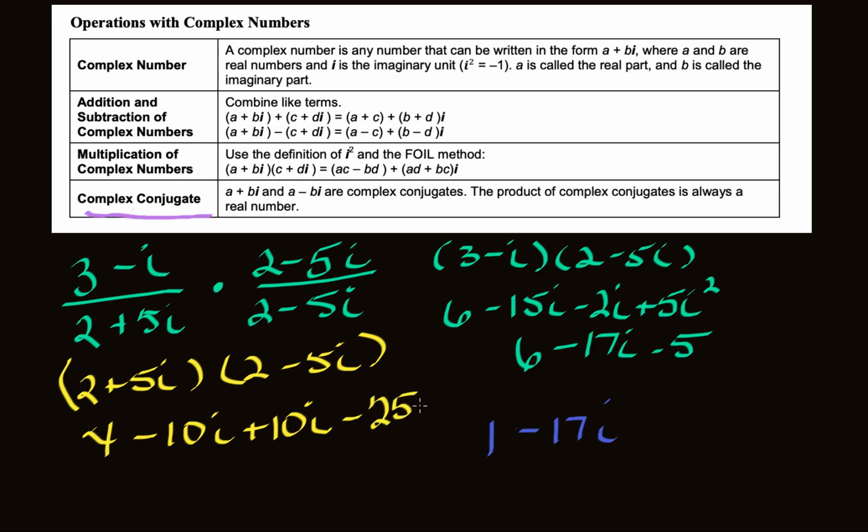And then i times i is i squared. 25 times negative 1 is negative 25. And minus a negative is plus a positive. So we have these two things cancel out. 4 plus 25. And then there it is. 4 plus 25 is 29.